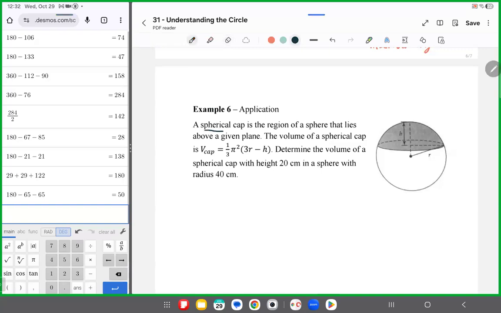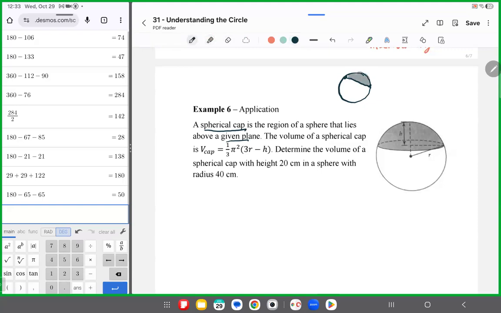So we end up with something called a spherical cap, and this is the region of a sphere that lies above a given plane. So instead of the case of a segment where we connected 2 points and talked about the shaded area enclosed by those 2 points, let's just try drawing that one again. Okay, so there was our segment.